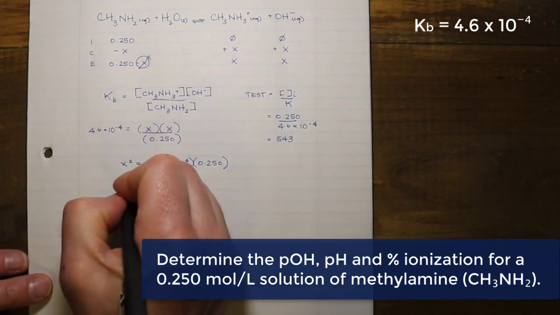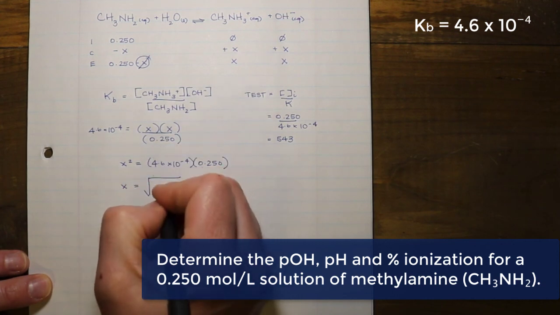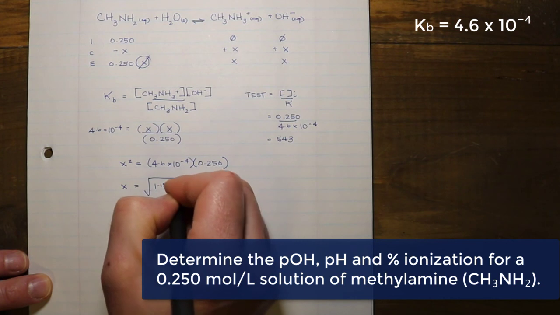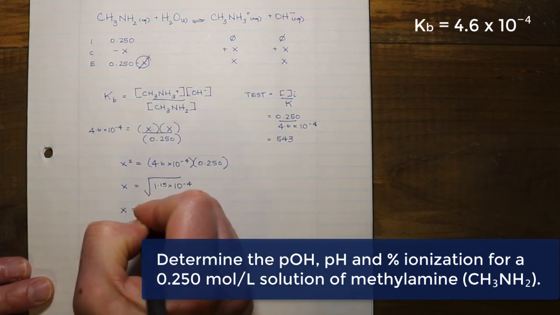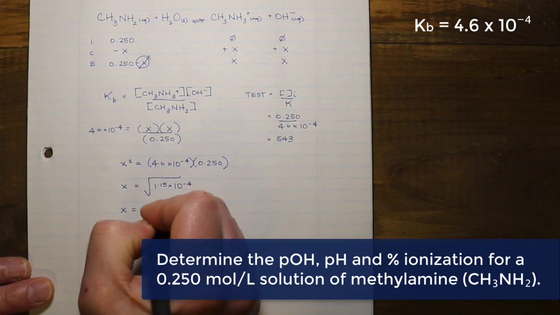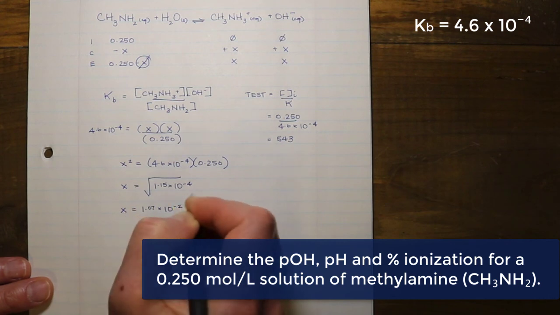And now to further simplify, I am going to take the square root of both sides. And ultimately that's going to leave me with a value of X of 1.07 times 10 to the negative 2.